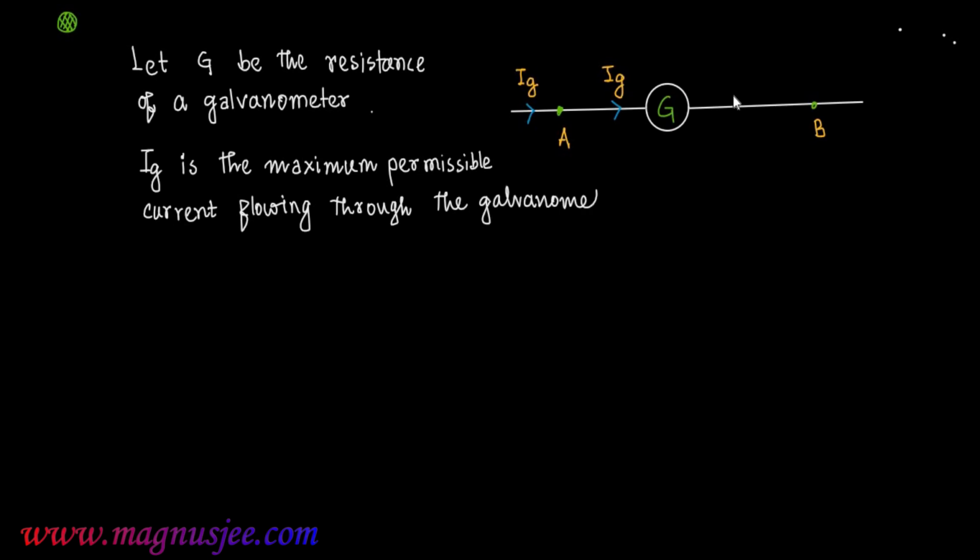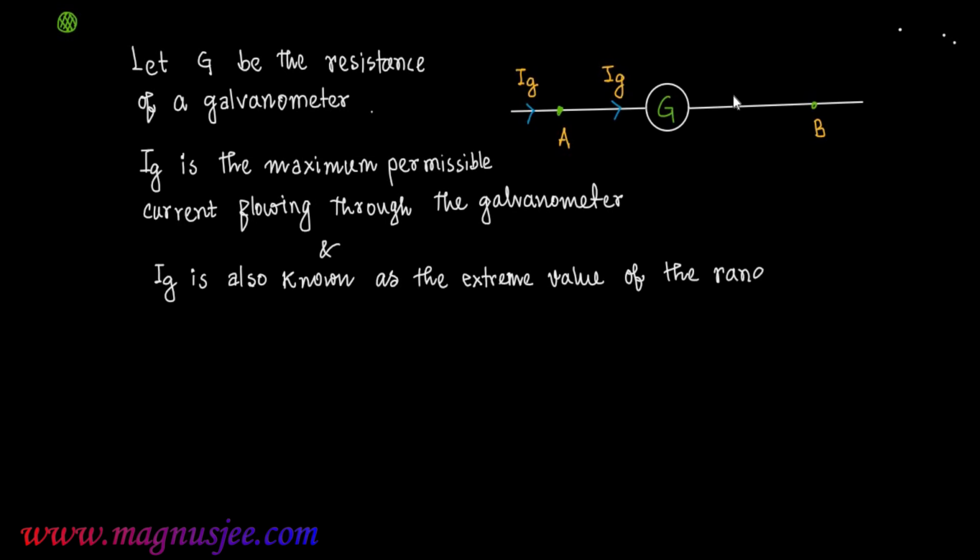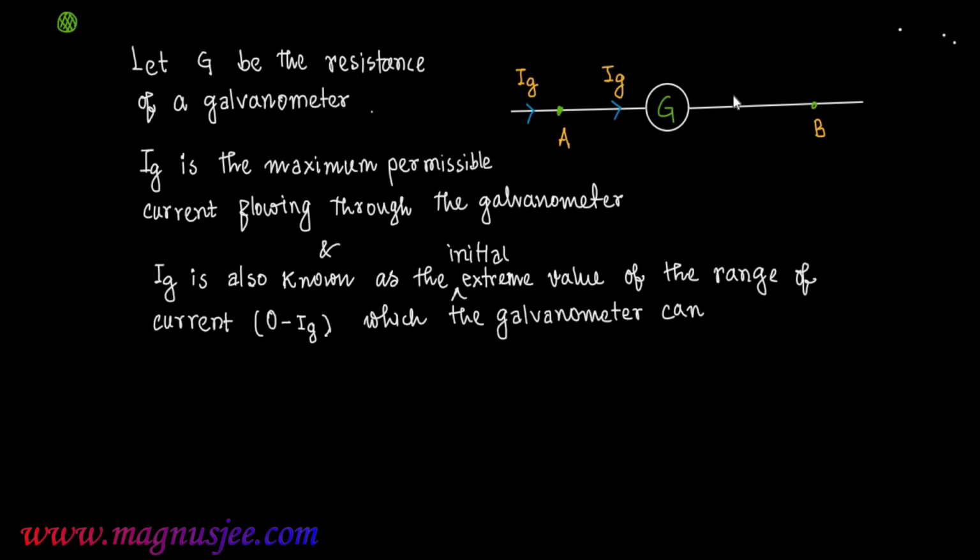Ig is also known as the extreme value of the range of current, under bracket 0 to Ig, which the galvanometer can measure.